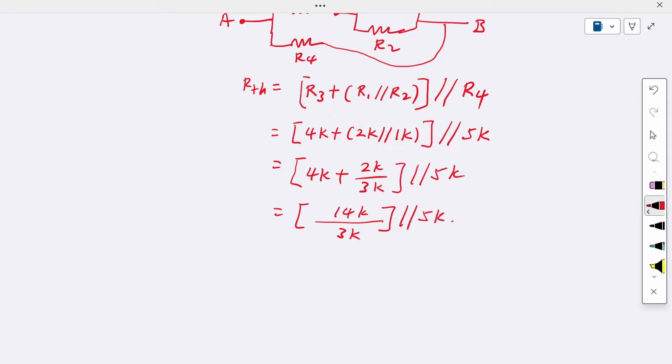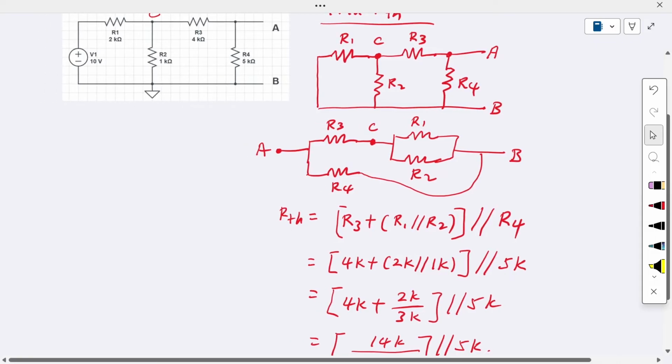Okay. So we finally calculate this. We get 2.41 kilo ohm. So this is our RTH. This is our RTH between A node and B node.